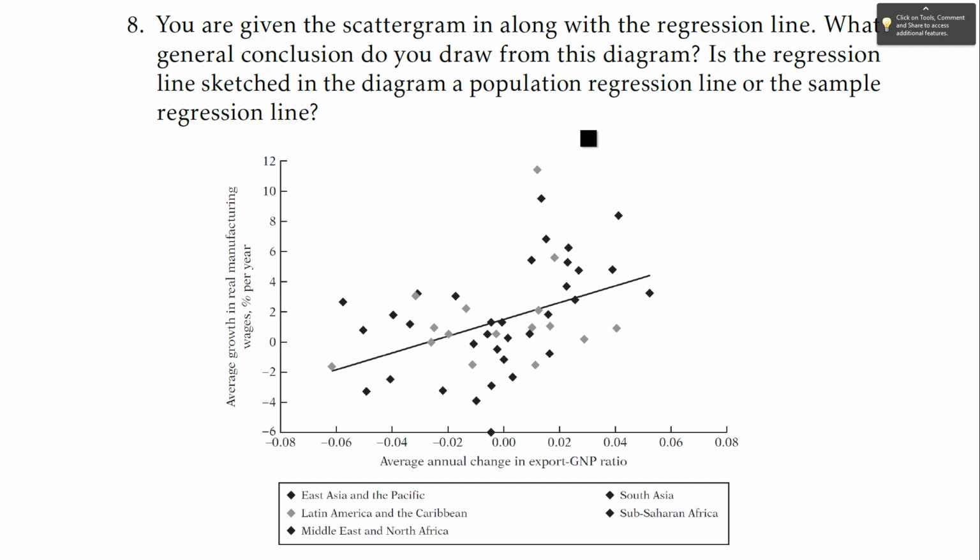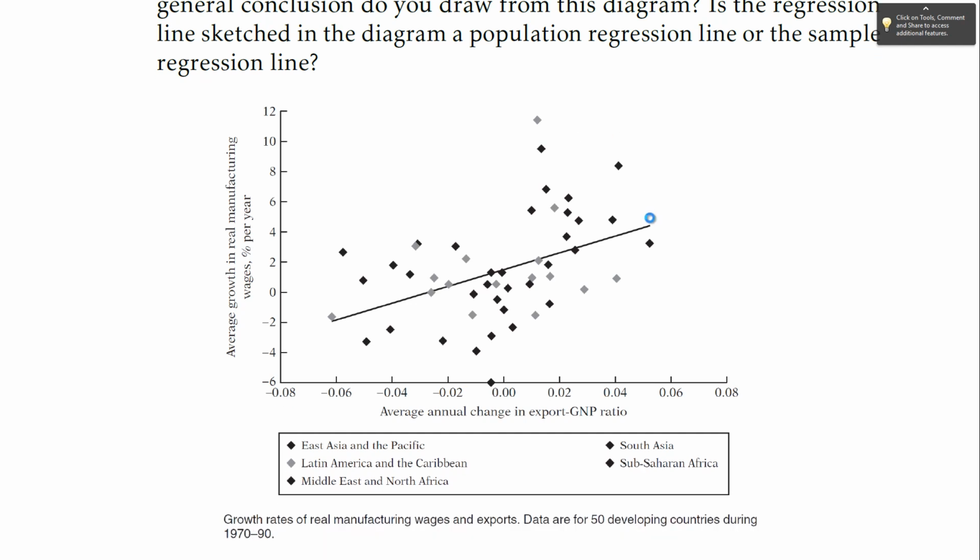But the question remains the same. Is it the population regression line or the sample regression line? Is it the population or a sample? What can you see? We're given the population. You have 50 developing countries, and the line is the population regression line here.